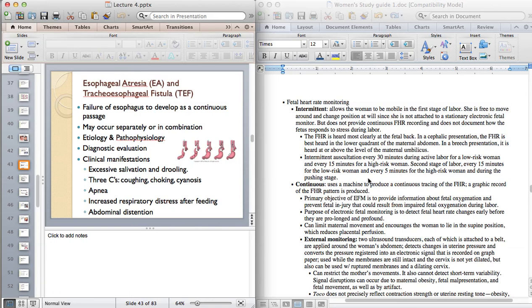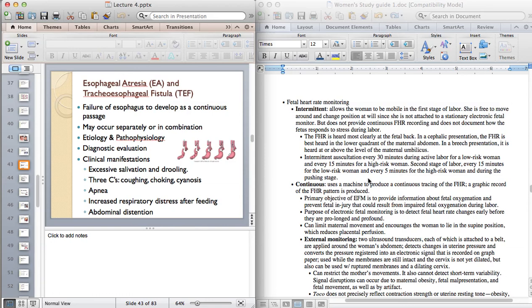But anyway, what you will notice initially is that there is excessive salivation. The child is drooling a lot, and because of that, there is increased risk of aspiration that will go with respiratory distress, especially after feeding, because the whole feeding is just in the pouch.